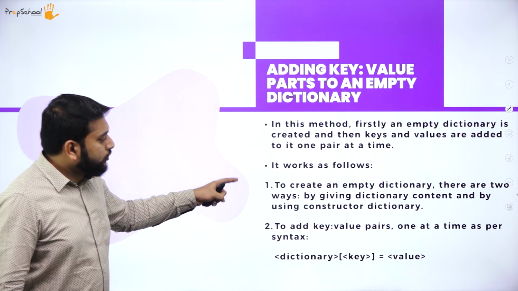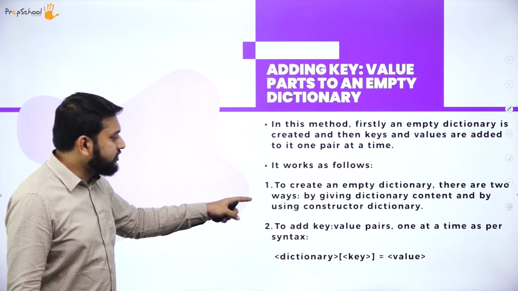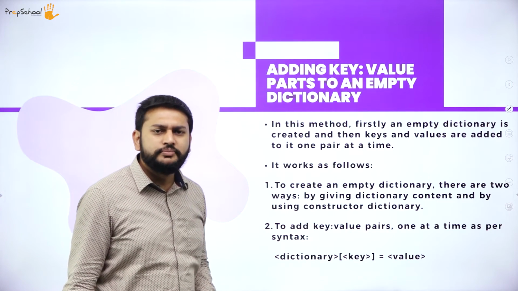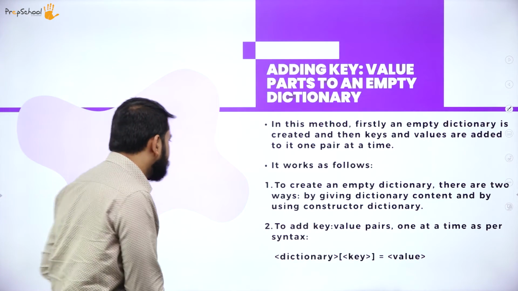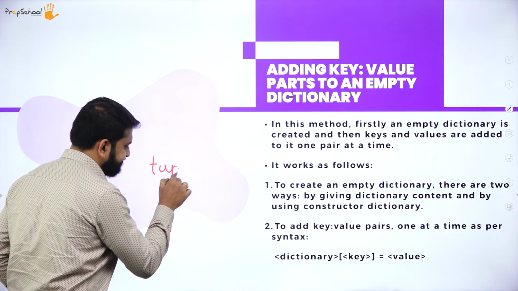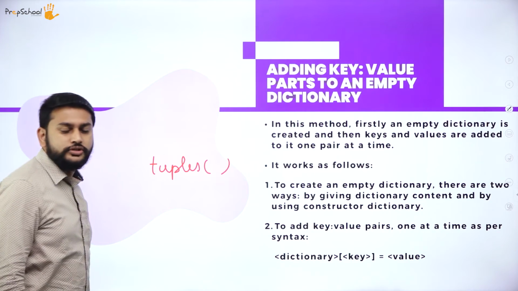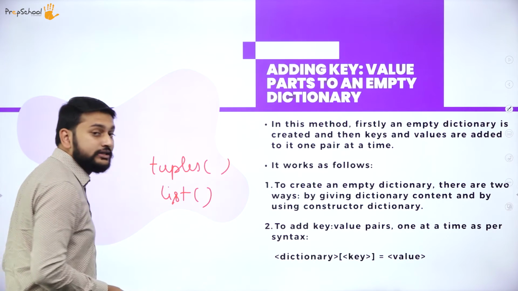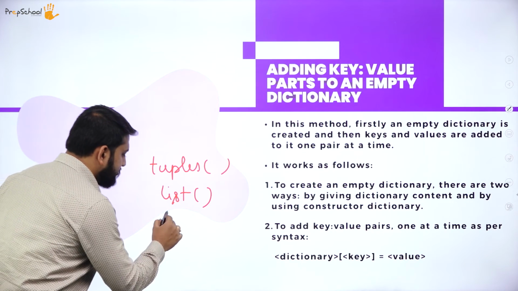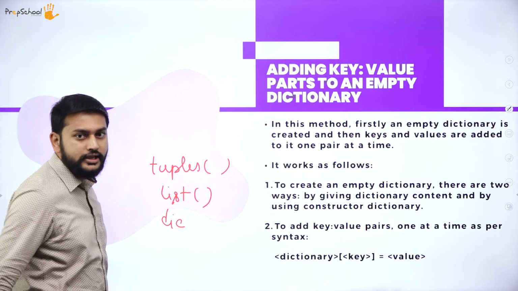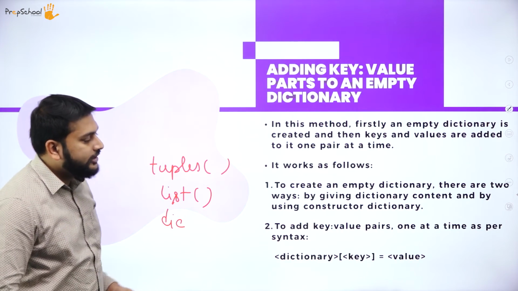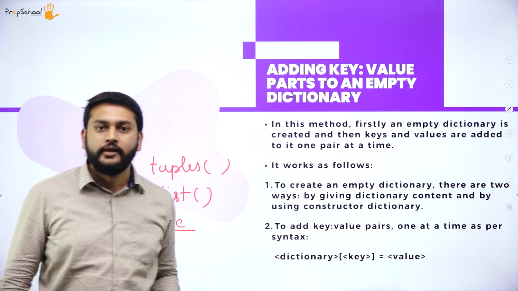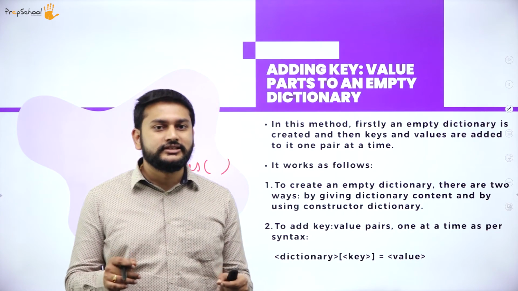To create an empty dictionary, there are two ways, one of which is by using the dictionary constructor. What is the meaning of constructor? Do you remember we used something like tuple, a function that we use to create the tuple? In the same way, we have list to create the empty list. In the same way, for dictionaries, I will be discussing that with an example.